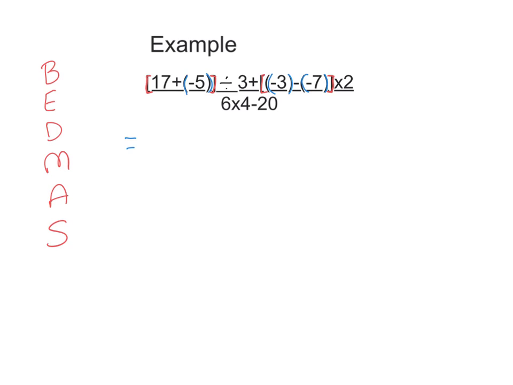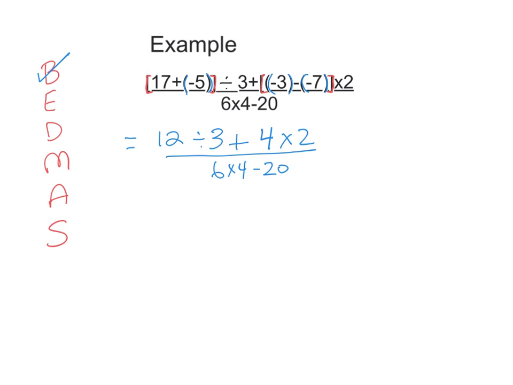So we'll do 17 plus negative 5 first, which is 12. We'll leave the divided by 3 plus, negative 3 minus negative 7. Again, when you subtract a negative, it's like adding, so negative 3 plus 7 is 4, times 2, all over 6 times 4 minus 20. Okay, so we've done our brackets now.